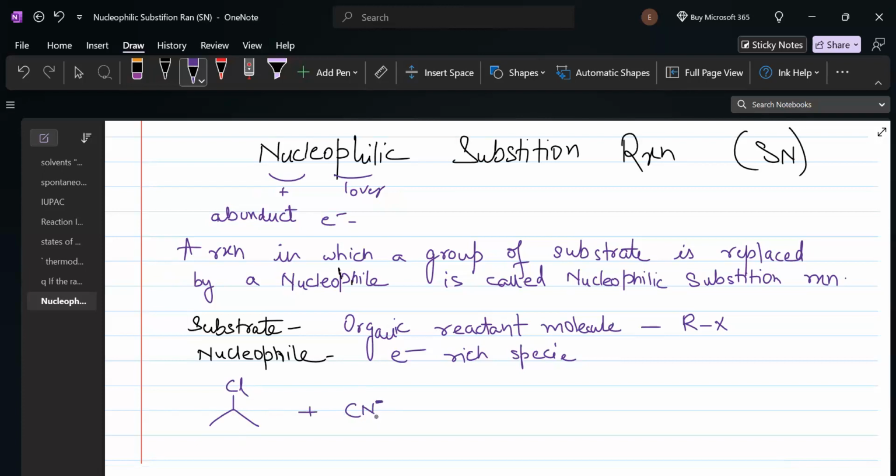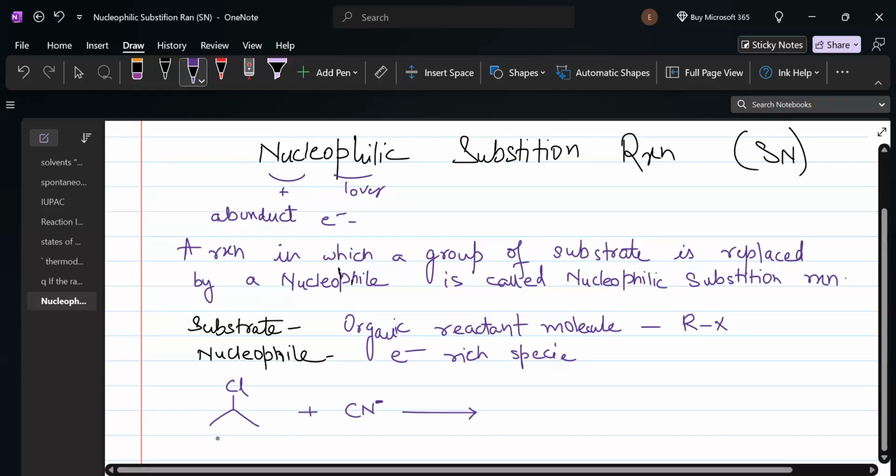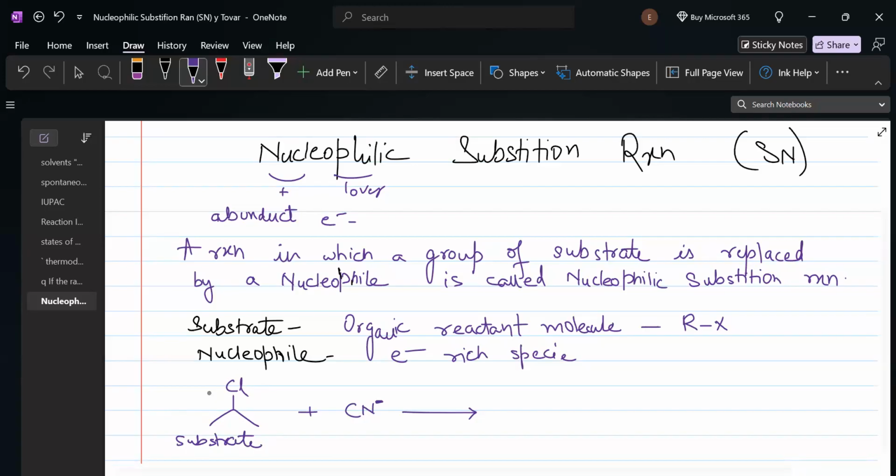So this is a nucleophile. And this is a substrate, an organic molecule, the main compound on which we are going to do the experiment. On this substrate, we use this nucleophile and attack.